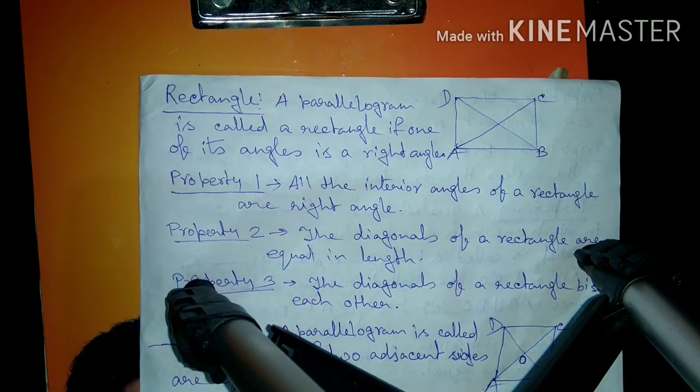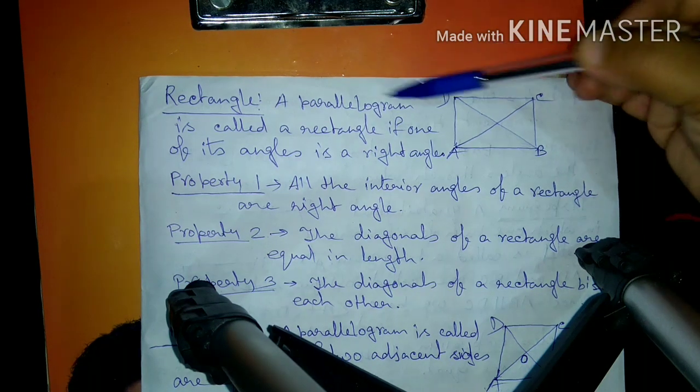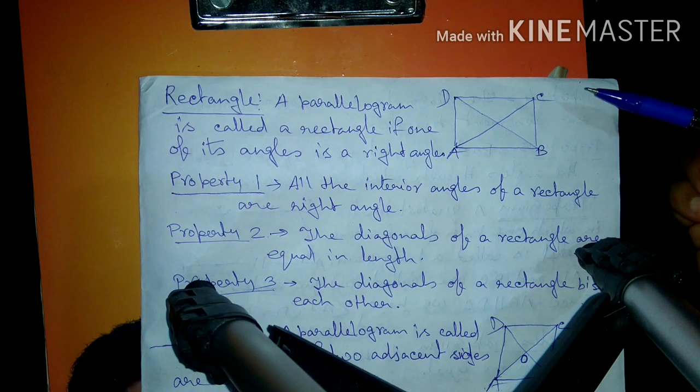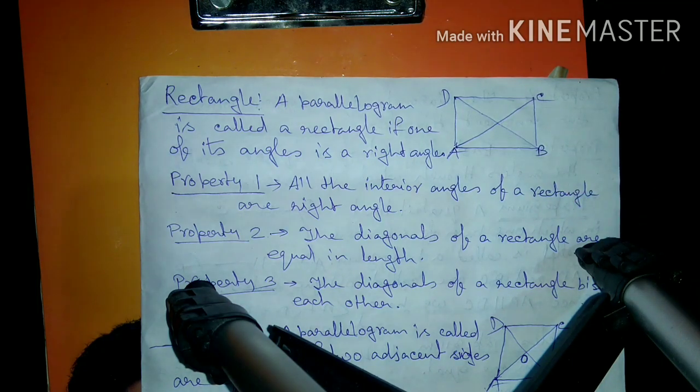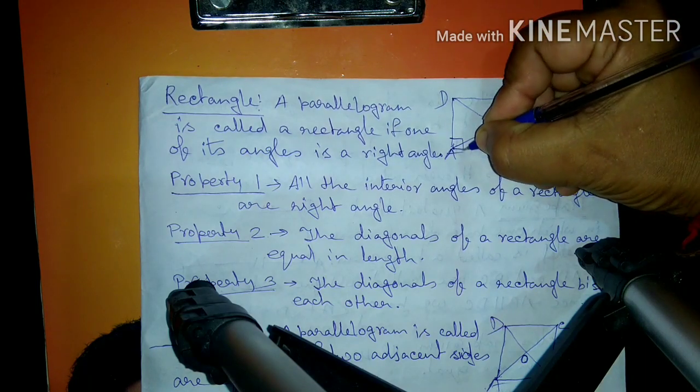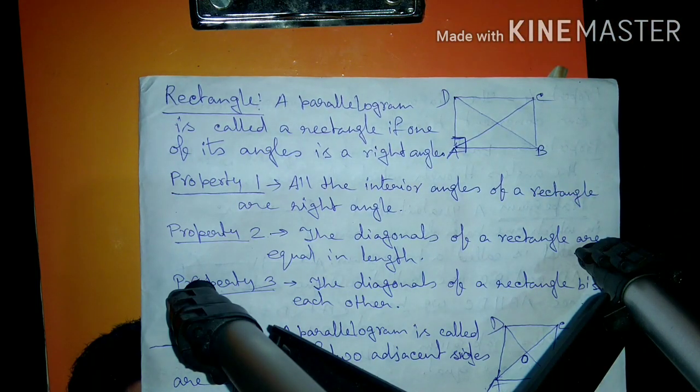So what is a rectangle? A rectangle is also a parallelogram. Alright. So a parallelogram will be called a rectangle if one of its angles is 90 degrees. So if any one angle is 90 degrees, meaning a right angle, then this parallelogram will be called a rectangle.